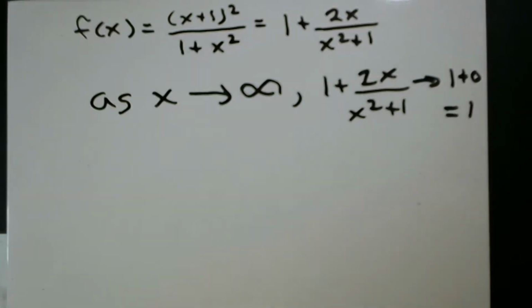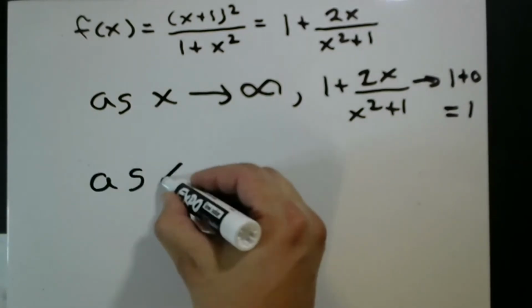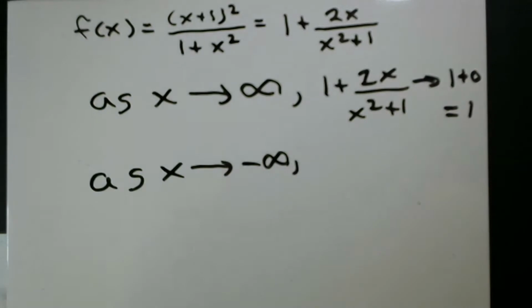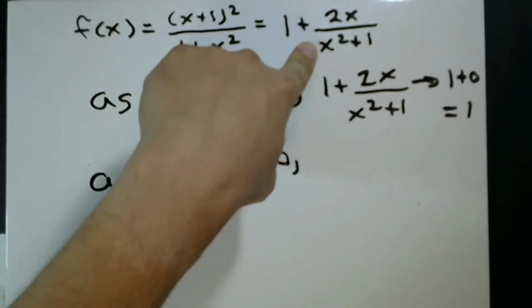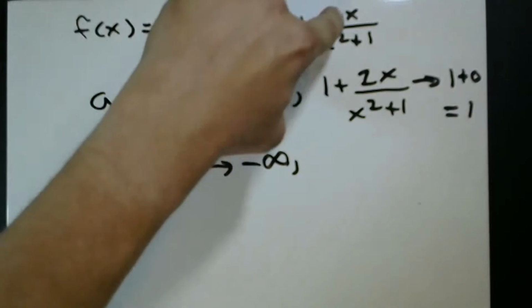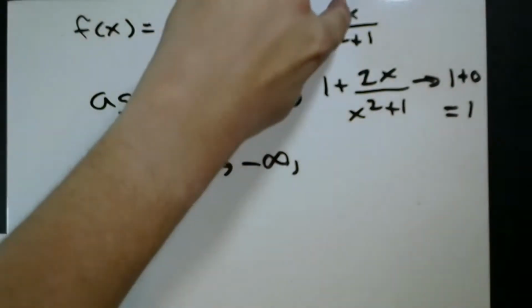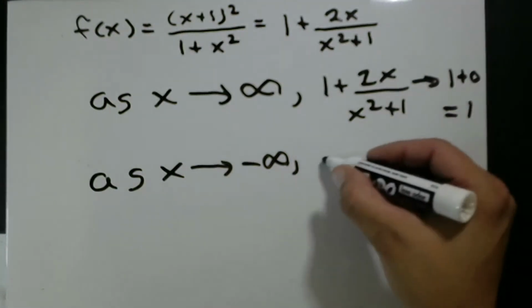And then as x goes to negative infinity, again, negative 10,000 squared is the same as 10,000 squared. And then this is going to be negative 10,000, but negative 10,000 divided by 10,000 squared, again, is going to be a really tiny negative number.